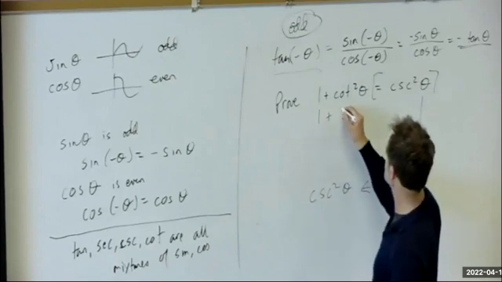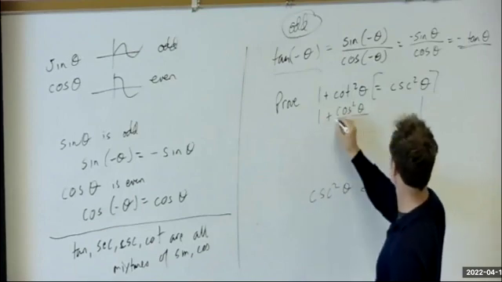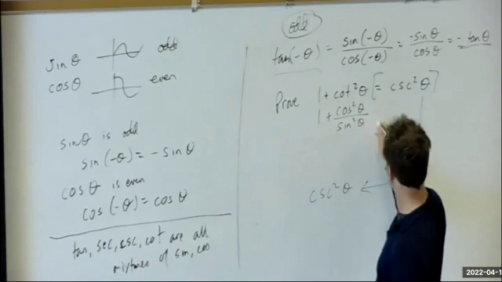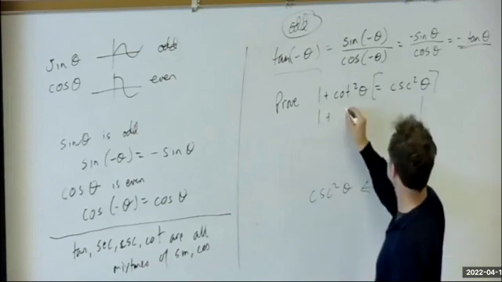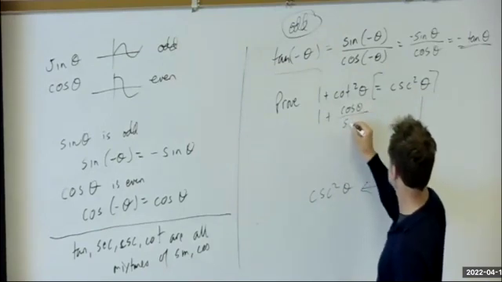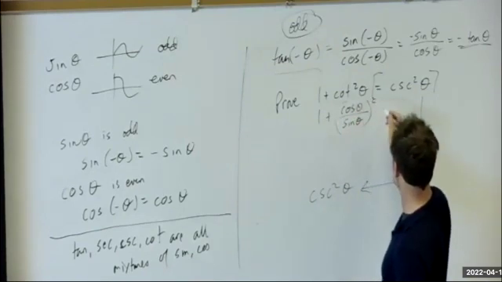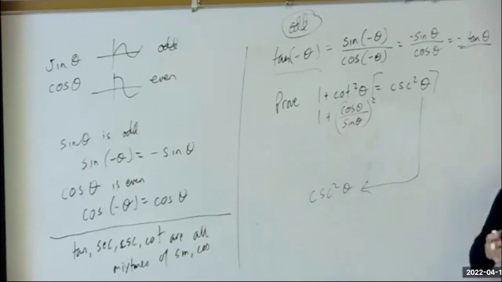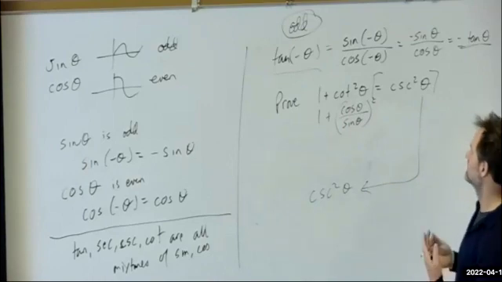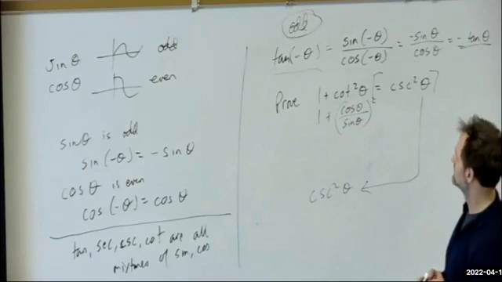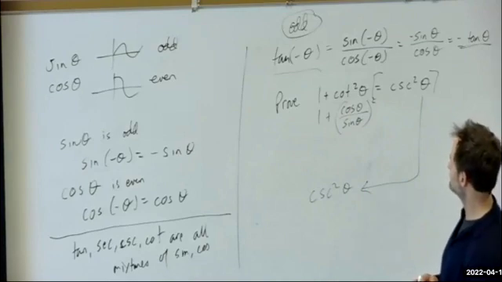So 1 plus cosine squared over sine squared. Or if I was going more slowly, cosine theta over sine theta squared. When I multiply by itself, top multiplied by the top, the bottom multiplied by the bottom, it's going to be cosine squared over sine squared.